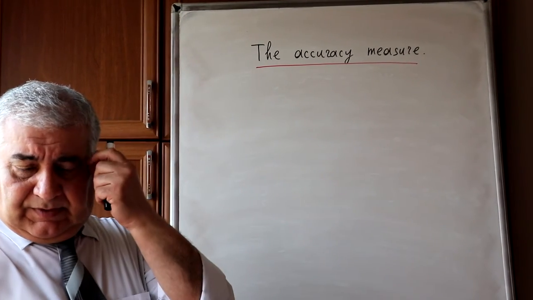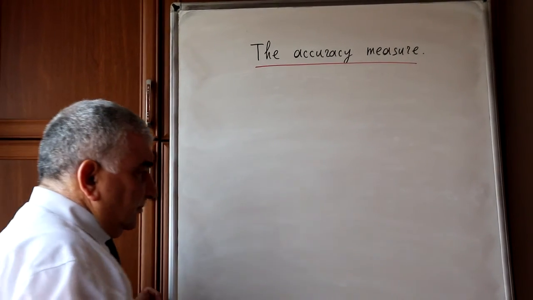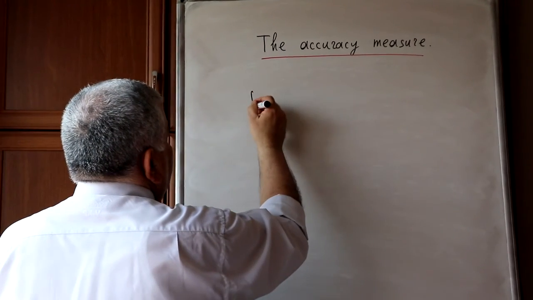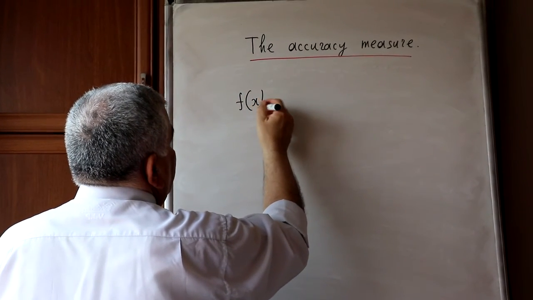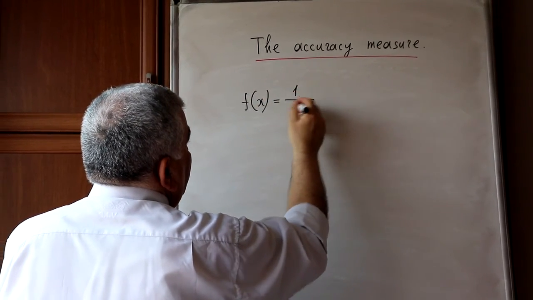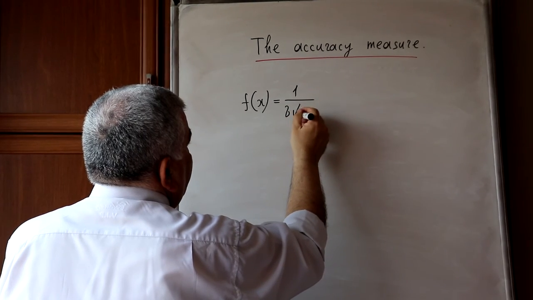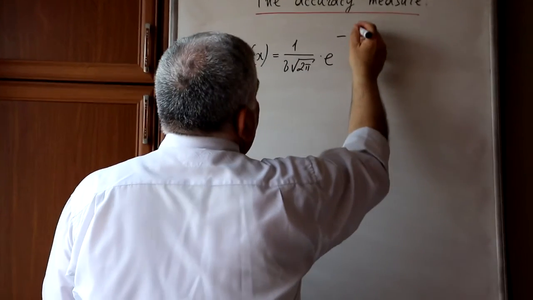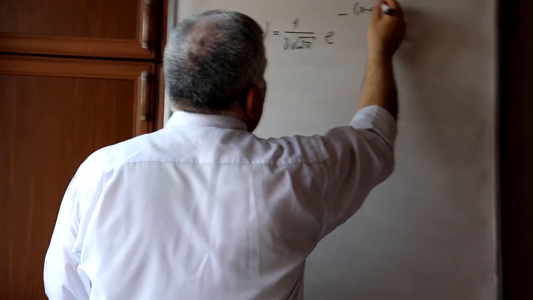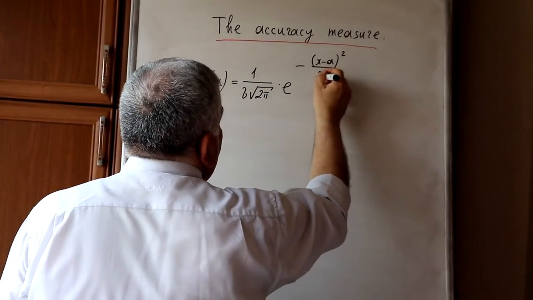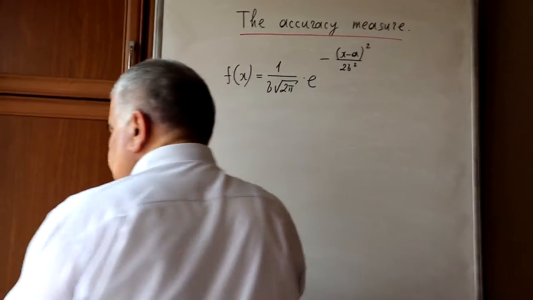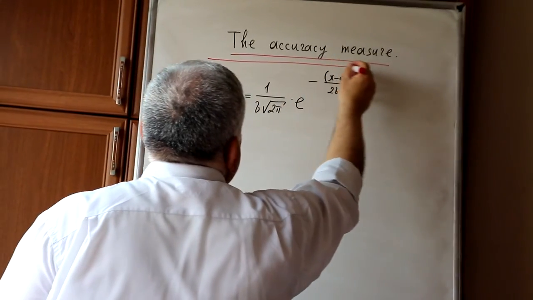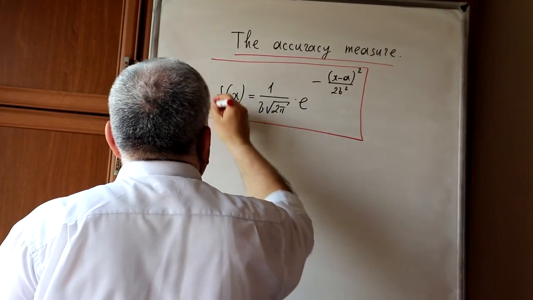Remember the formula of the normal distributive density. F of x is 1 over sigma square root of 2 pi multiplied by e to minus x minus a squared over 2 sigma squared. It is the formula of normal distributive density.